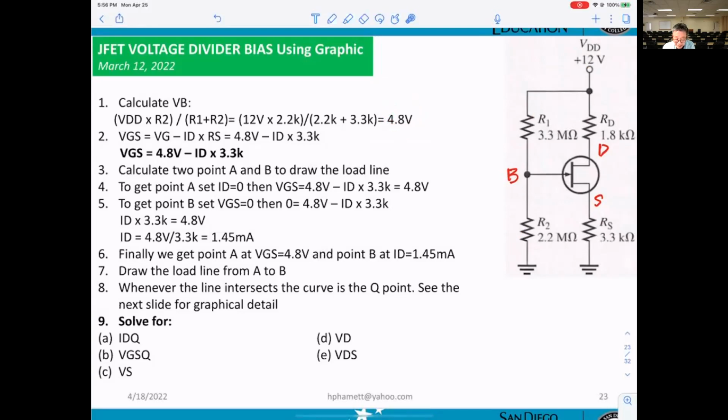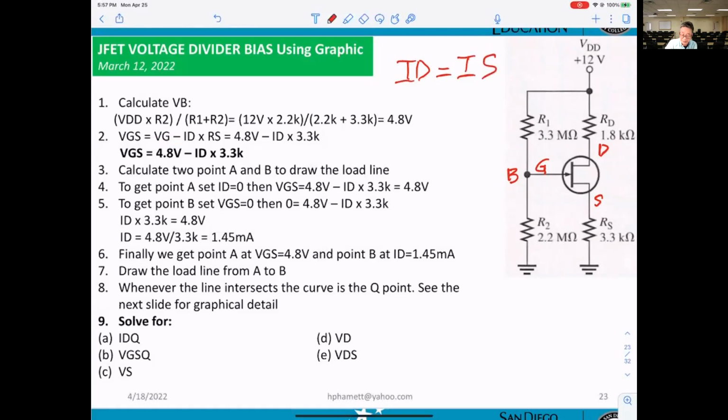Okay, and now from here to here, you understand this is good. VGS. See what they calculate. VGS equals VG minus VS. And all the time in the JFET, you must know ID always equals IS.